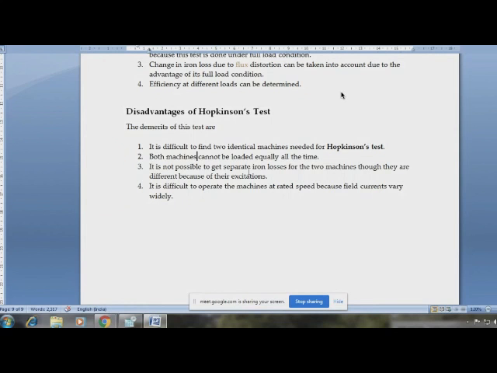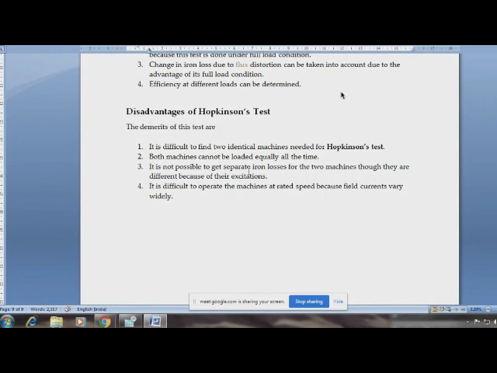We always get the total iron loss, but I cannot say how much is the iron loss for machine one and how much is for machine two, because these iron losses cannot be taken as equal in each of the two machines as their excitations are different. If the excitations were the same, then I can say surely that both the machines will have the same iron loss. Are you able to follow this?